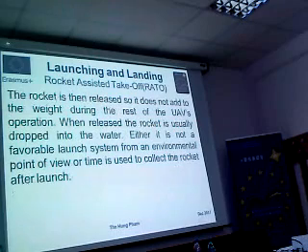The rocket is then released, so it does not add to the weight during the rest of the UAV's operation. When the UAV is in the air, we don't need the rocket anymore. We just release it in order not to affect the weight of the fixed wing drones.